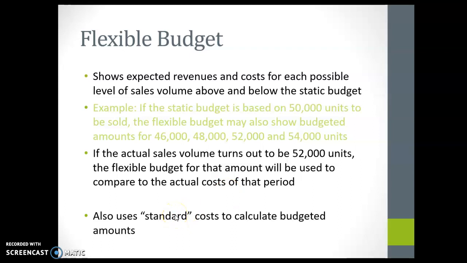So you can get these flexible budgets easily on Excel by putting that master budget in and then having all your formulas in, based on these standards, and then you can put any number of units on the top columns before and after the master budget units, and boop, boop, boop, the whole flexible budget is done.